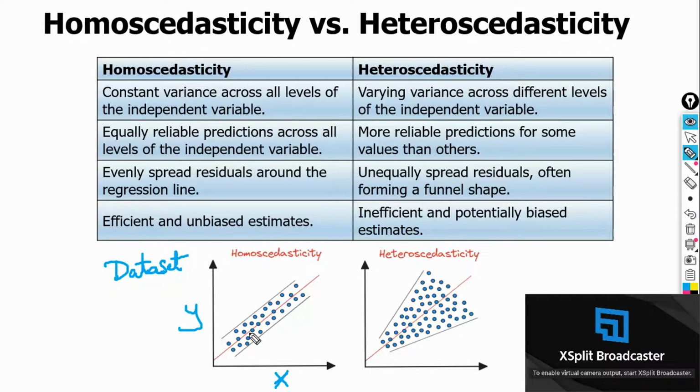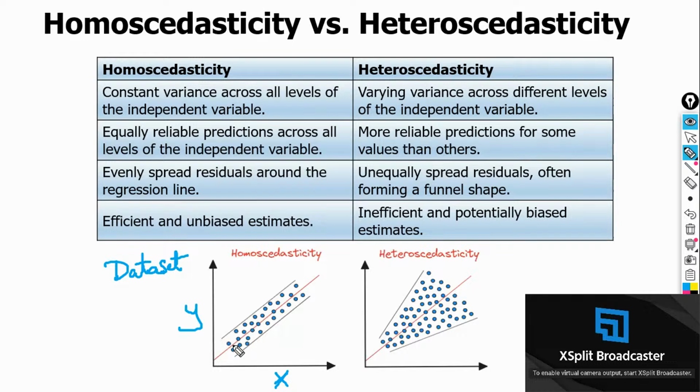This red line is our best fit line, and all the scatter points are lying between two parallel lines. Between these parallel lines only, we have the scatter. So this is where we can say the variance between the errors is constant. It is not changing.